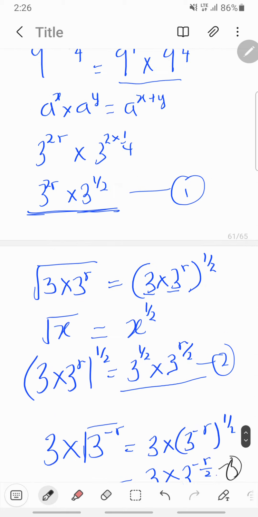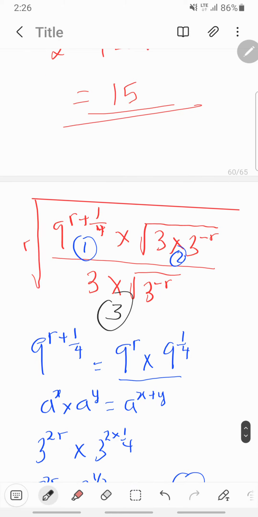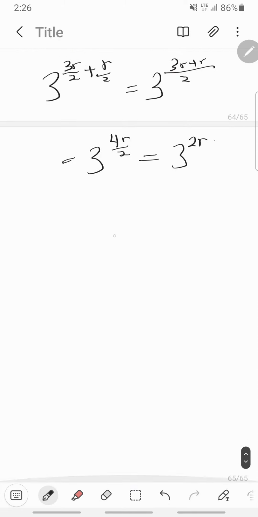Now, remember that everything is enclosed in a bracket, that is in a root.